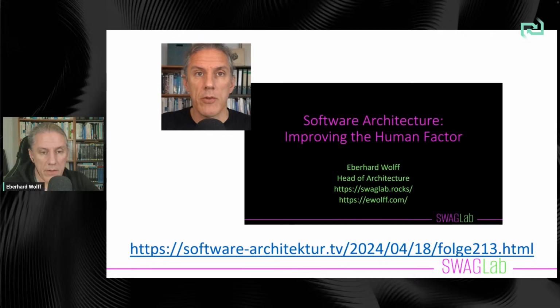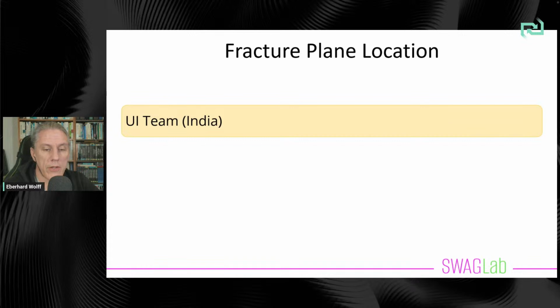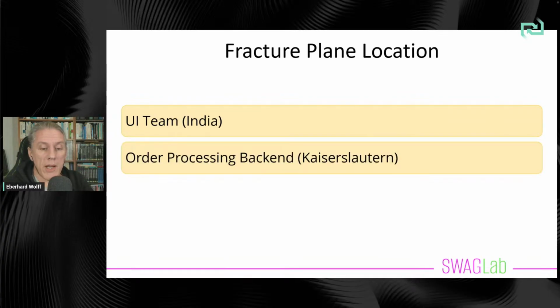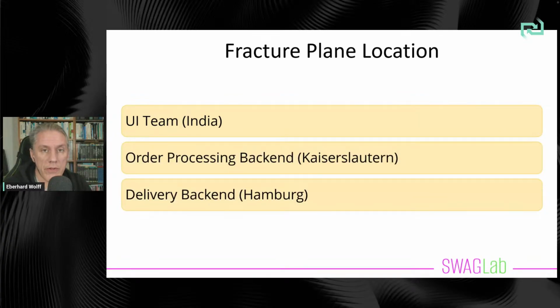One of the reasons why I think team topologies is a good idea is because it talks about different fracture planes. So what we could come up with is a UI team in India, and two Streamline teams for order processing and delivery, one in Kaiserslautern and the other one in Hamburg here in Germany.